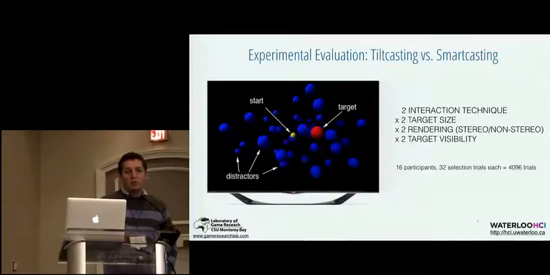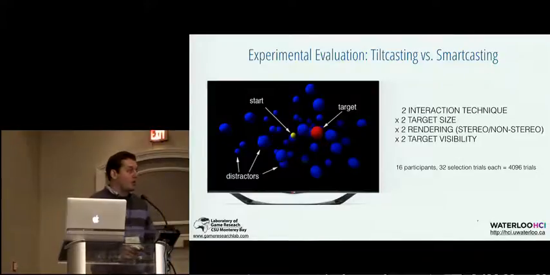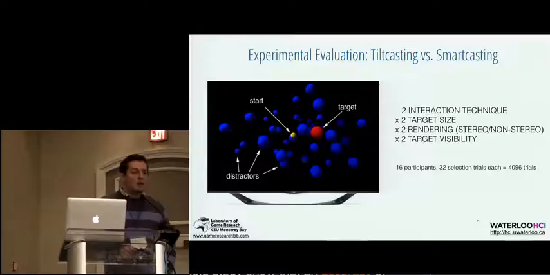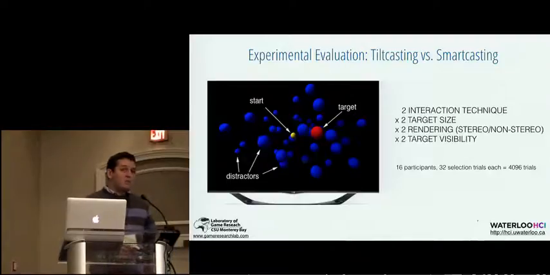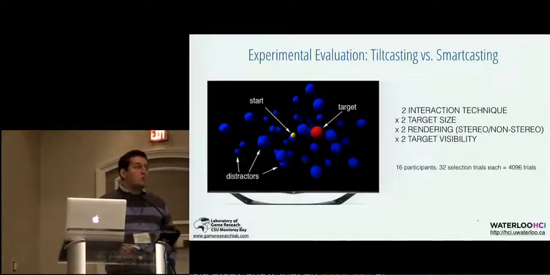We basically use a smartphone for both techniques and see which one is performing better. Also, as in smart casting and previous studies, for example by Vanacken in 2007 on dense 3D environments, we designed the study in the same way, so it's a replication of a study of Vanacken, so we can compare the results between different studies.